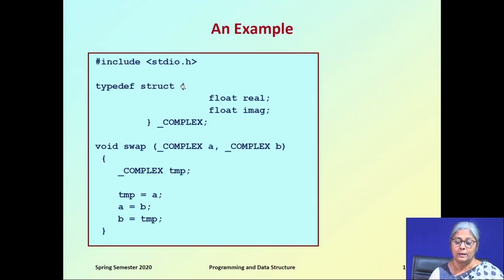I write the swap function with two arguments, the complex numbers a and b, and temp is declared as complex type. a is shifted to temp, b is shifted to a, then temp is shifted to b, so that a and b can be swapped.